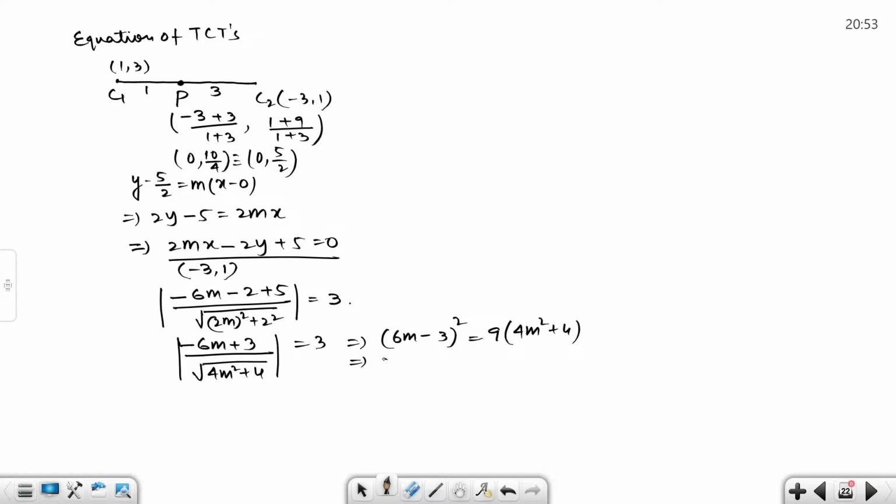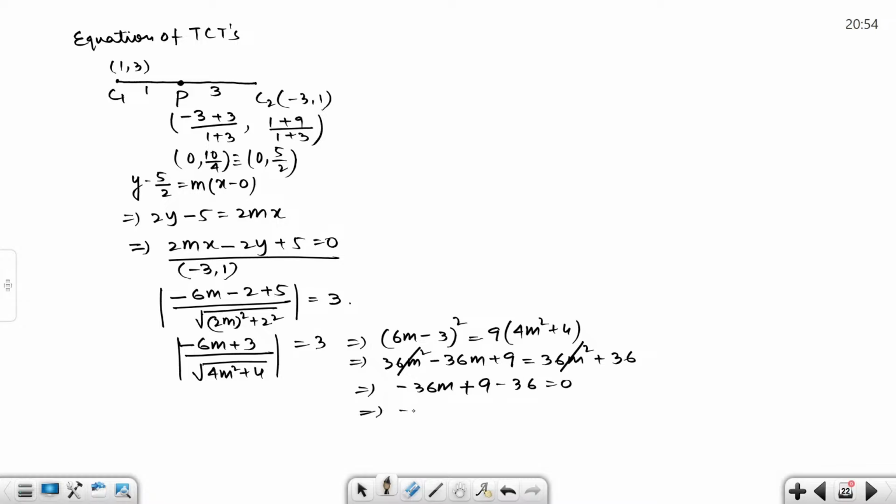So from here we are getting 36m square minus 36m plus 9 is equal to 36m square plus 36. Am I correct? Now see, 36m square and 36m square will go off. So we are left with minus 36m plus 9 minus 36 equals 0.